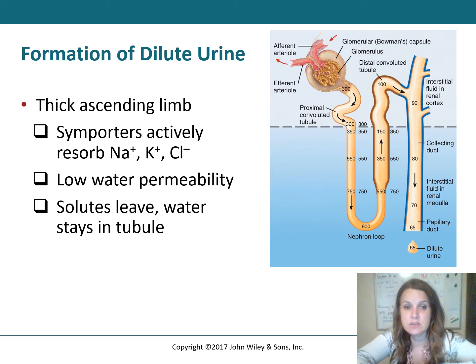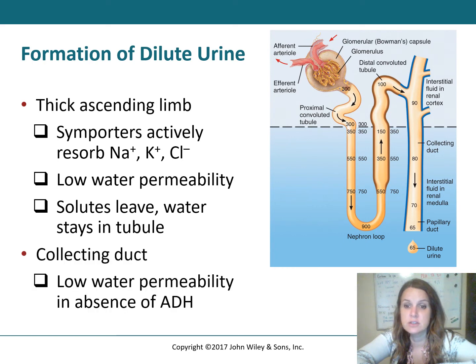So that means it's going to leave water in the tubule, and the solutes are going to leave. So you can see that's going to make the osmolarity go down, or have fewer solutes dissolved in the fluid.